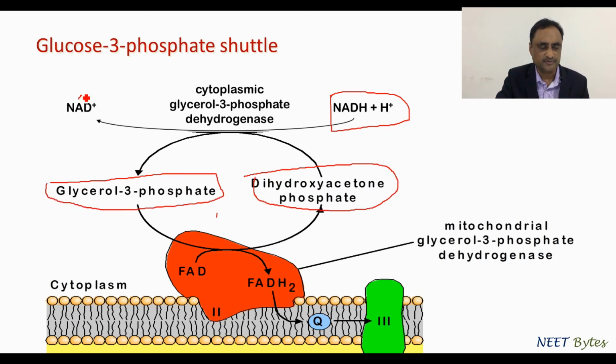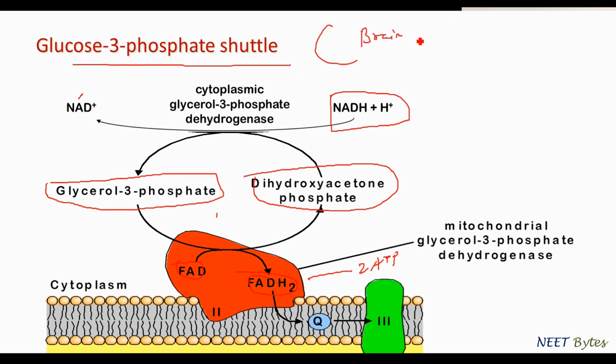Now this glycerol 3-phosphate binds with FAD and forms FADH2, and FADH2 can directly enter the Krebs cycle, as you know very well, but FADH2 will produce only 2 ATP instead of 3. So one NADH is going to produce 2 ATP by this particular pathway, and we have already seen this pathway occurs in the case of brain and muscle, right?